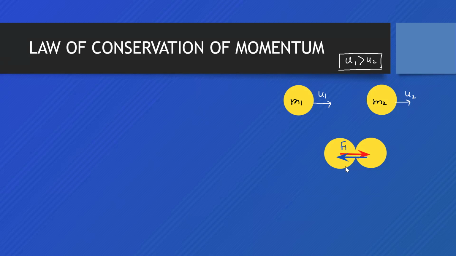I'm just naming them F1 and F2. F1 is the force due to object 1 and F2 is the force due to object 2. If we see, they have the same magnitude and opposite direction.